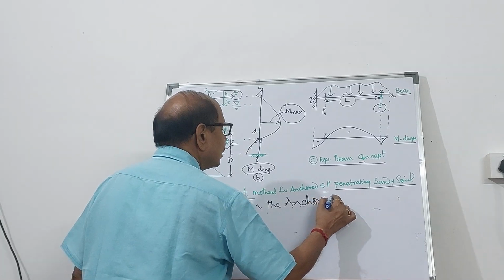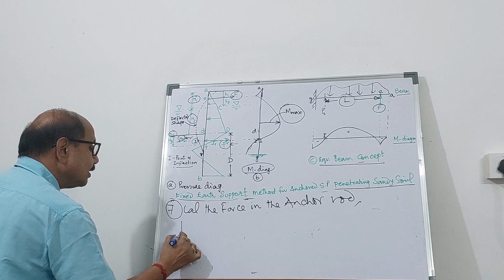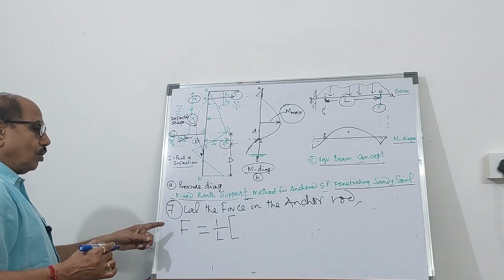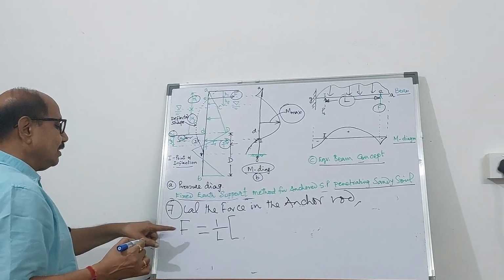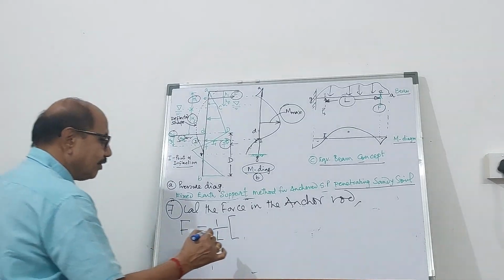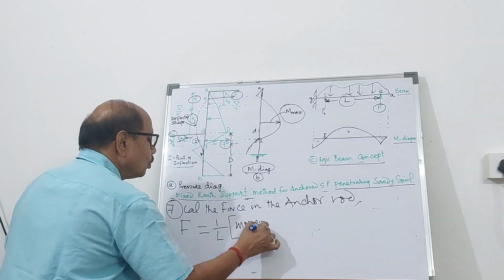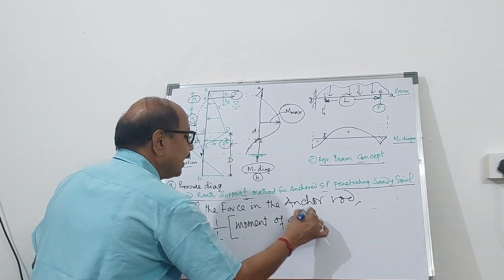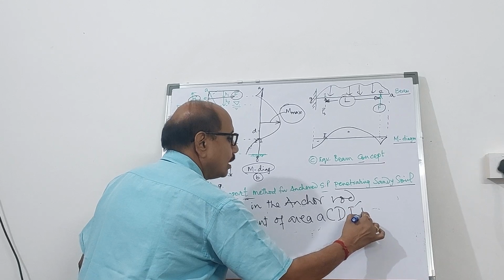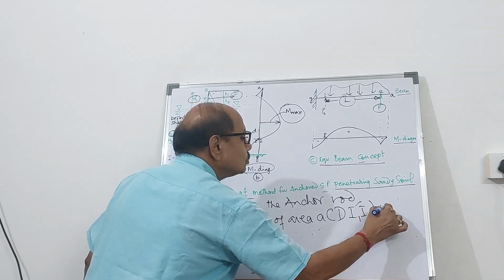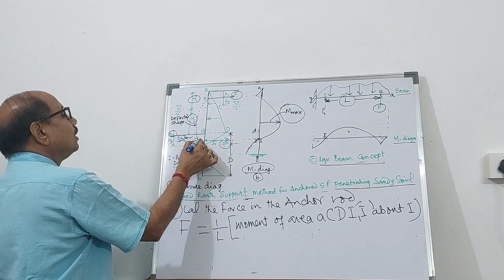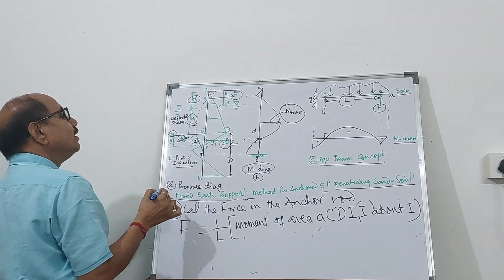So the force in the anchor rod is shown here as F equal to 1 upon the span, because if you take moment about I, it will be F into L. So F into L equal to 1 upon L divided into the moment of area a, C, D, I1, I about I. So take the moment about the point of inflection, and already the area is known to you.